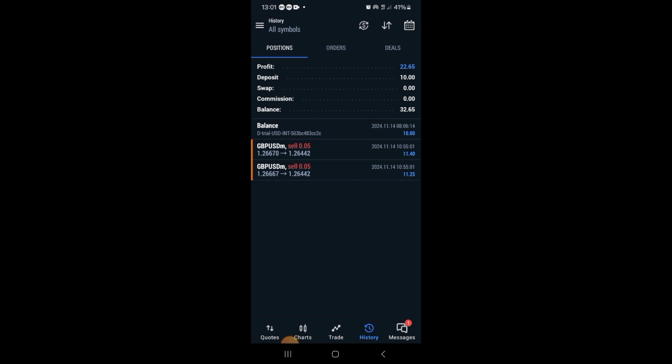This is the profits for the day from a $10 demo account. So once I do get into my real account with $10, I can definitely foresee myself making $20 on a good day. So for me, honestly, that is a good profit. It was a risky one, of course. I am risking high, but the whole aim is to be able to make good profits when you are winning.